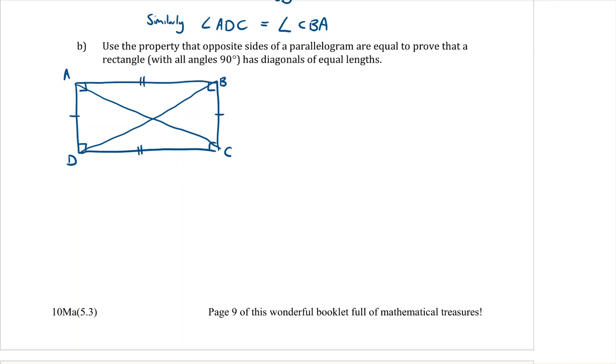Let's take triangle ABC, which will be this one here, because that would give me my diagonal AC. And if I also take my second triangle to be DCB, then I would have the other diagonal DB. So let's prove that they're congruent.